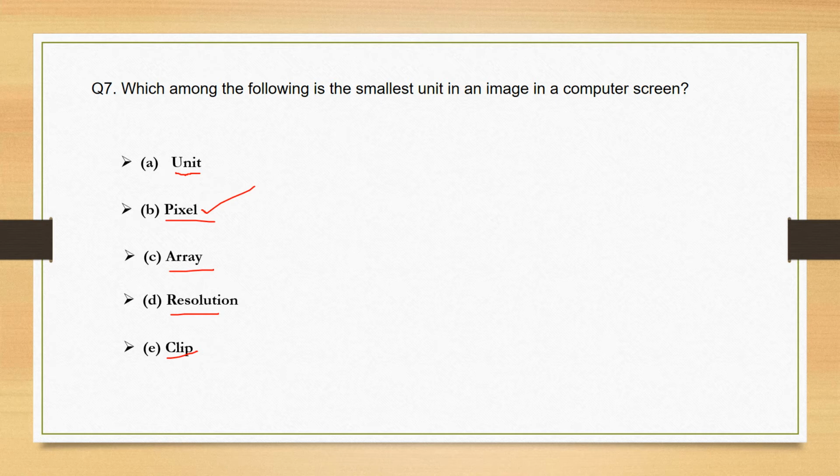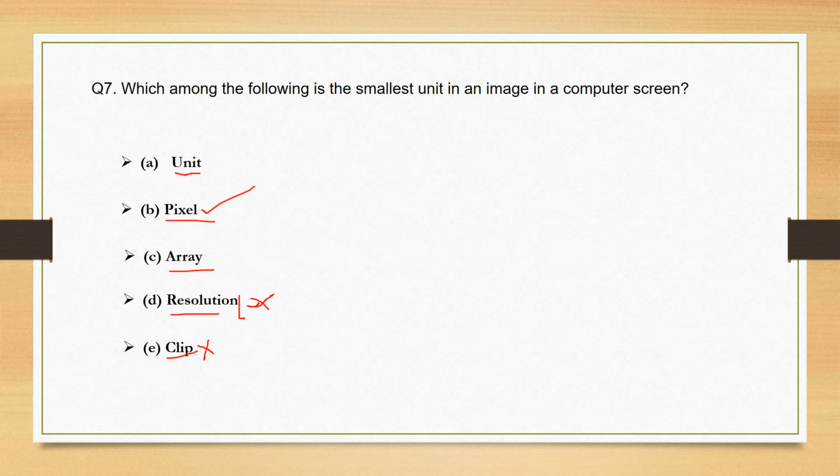The rest, like resolution, basically refers to the quality of the image, or how the image is going to be resolved. So it is not the correct option. Clip, what is a clip? A short clip, you can say a video clip.